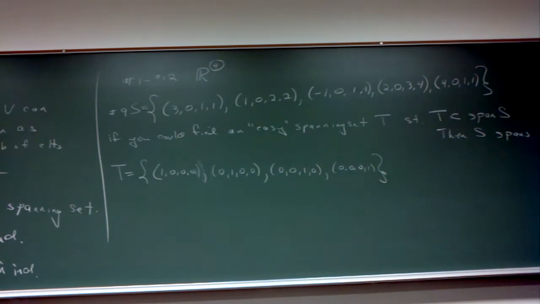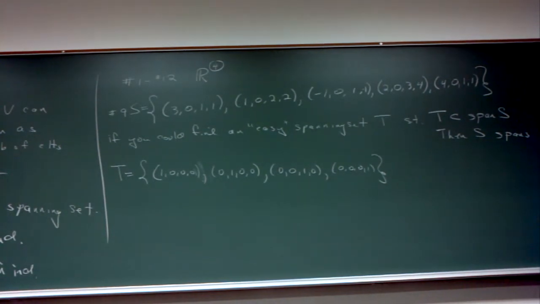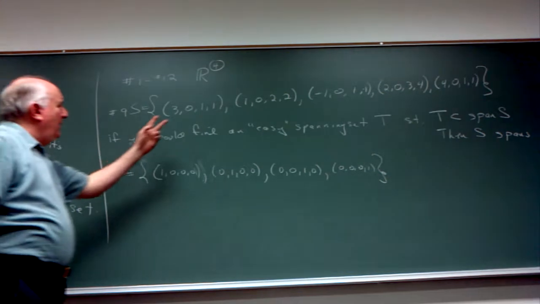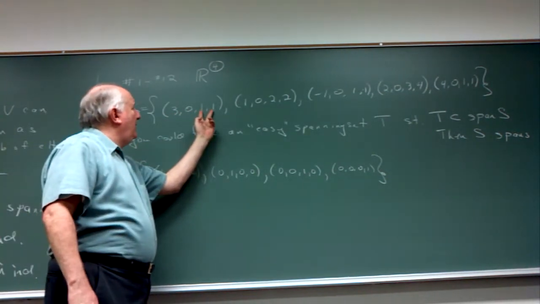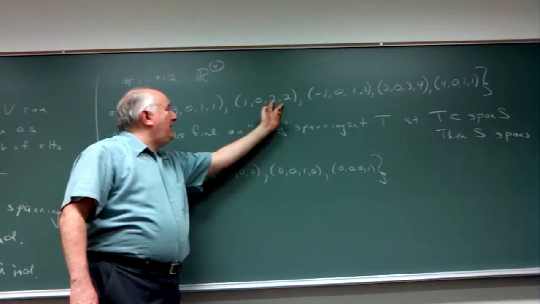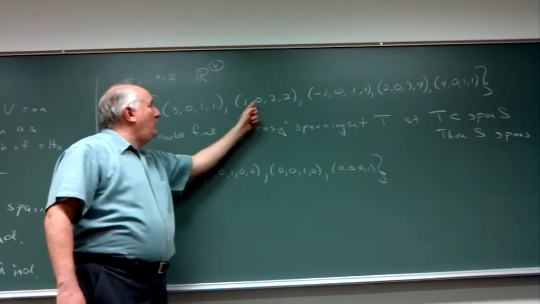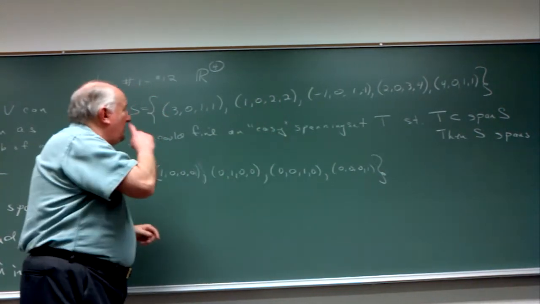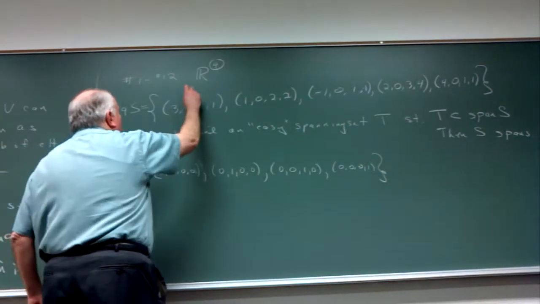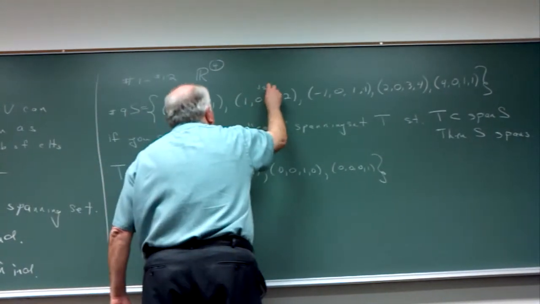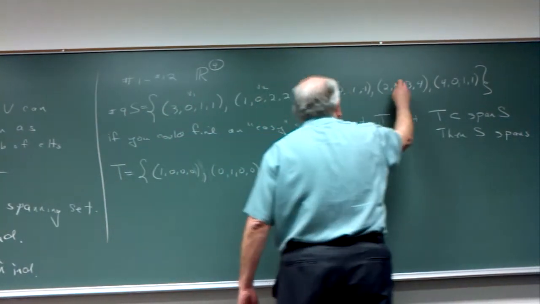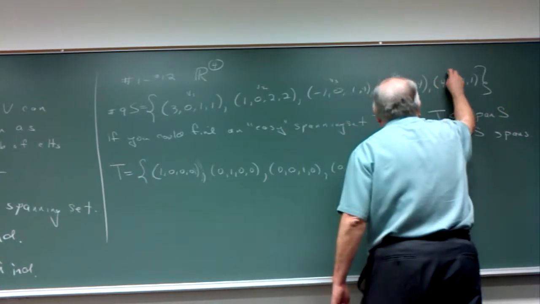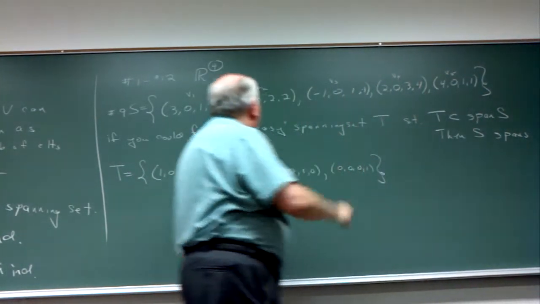Well, it's going to take a little bit of work, but if I play with these things, what you might notice is these things kind of look like these things, right? Like 0, 1, 1, and 0, 2, 2. So let's give these things some names: V1, V2, V3, V4, V5.